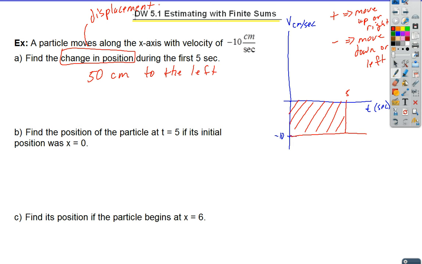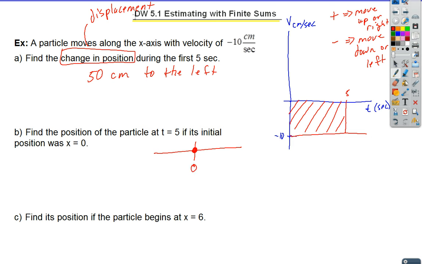Part B: find the position of the particle at t equals 5 if its initial position was 0. Now it gives me an initial position. It's telling me that when the time is 0, my particle is right here at 0.